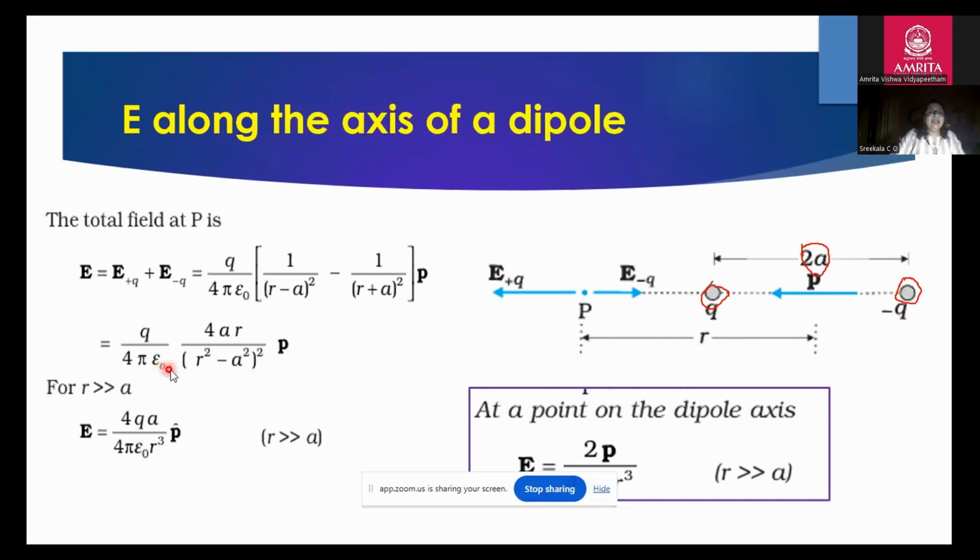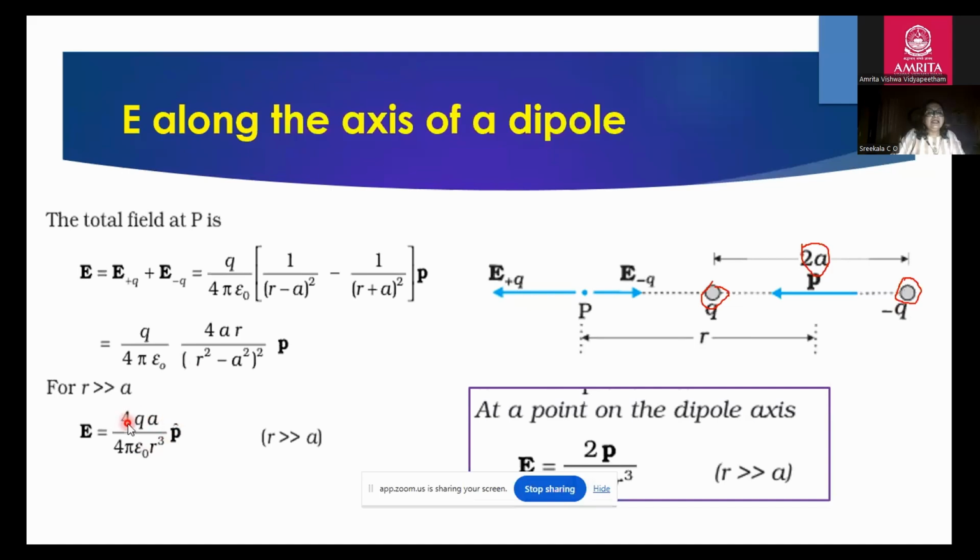So we can write this quantity (R square minus A square) the whole square as R raised to 4, which will be cancelled with this R, and you will get R cube. So 4AQ divided by 4 pi epsilon 0 into R cube, and direction is unit vector of P.